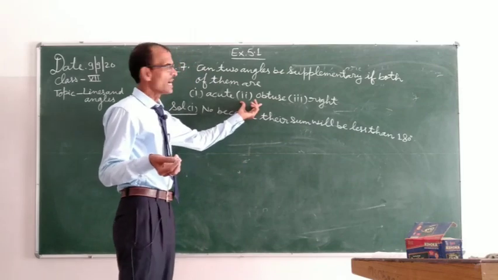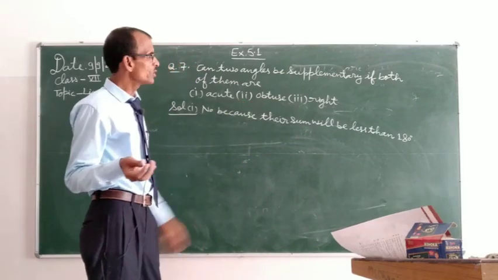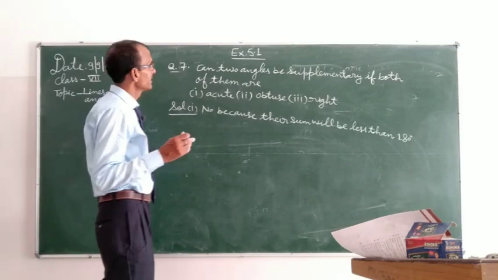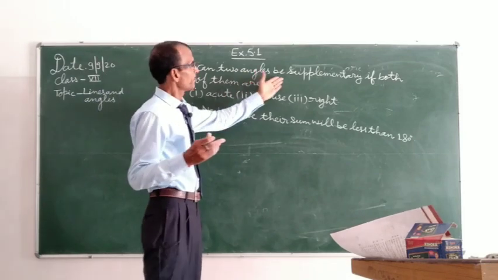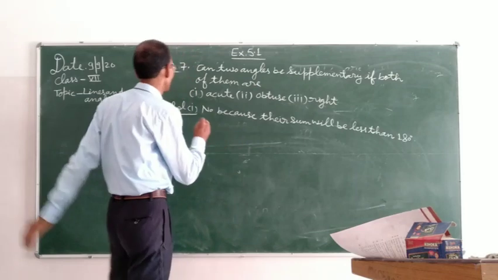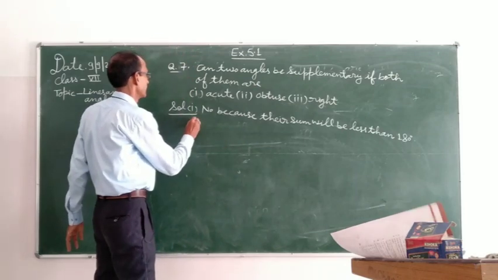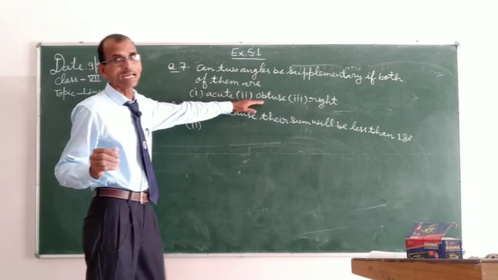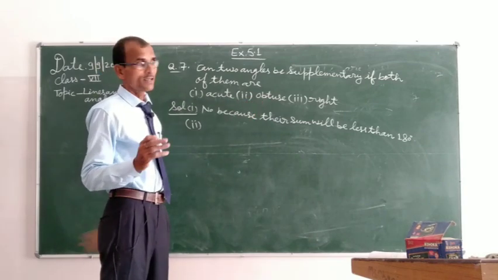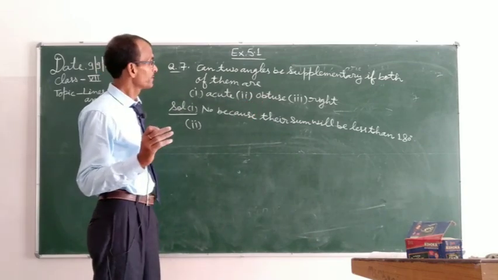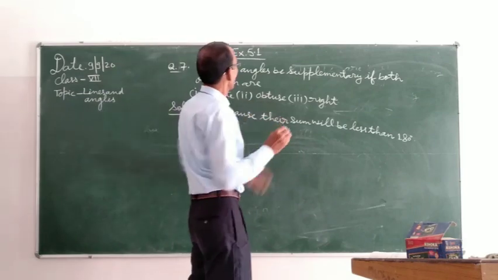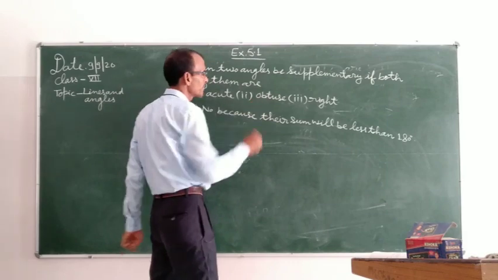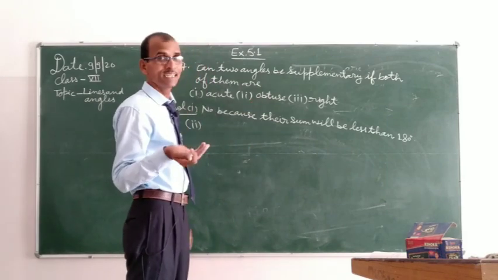Second case is obtuse. If both the given angles are obtuse angles, then can they be supplementary? If both the angles are obtuse, both angles are more than 90, so the sum of both angles will be more than 180 degree.